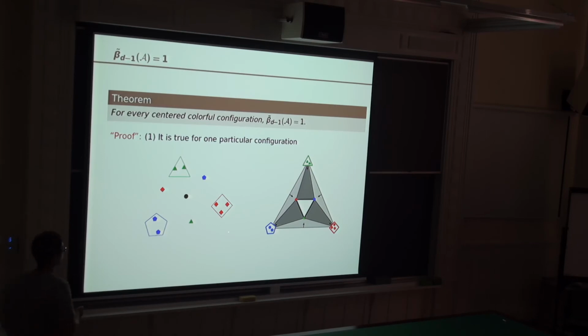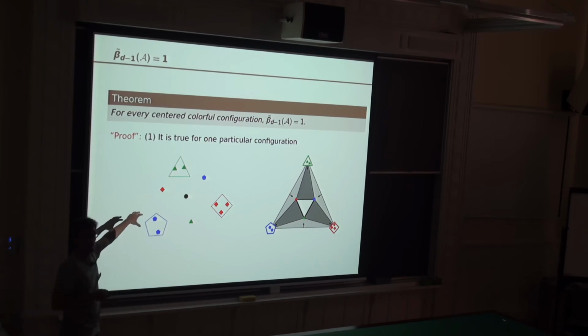What is the complex for this configuration, which is essentially a big cluster here and an antipodal point, a big cluster here, an antipodal point, a big cluster here, an antipodal point. So these clusters are, let's say, on the vertices of a simplex, and then the antipodes are on the opposite simplex.